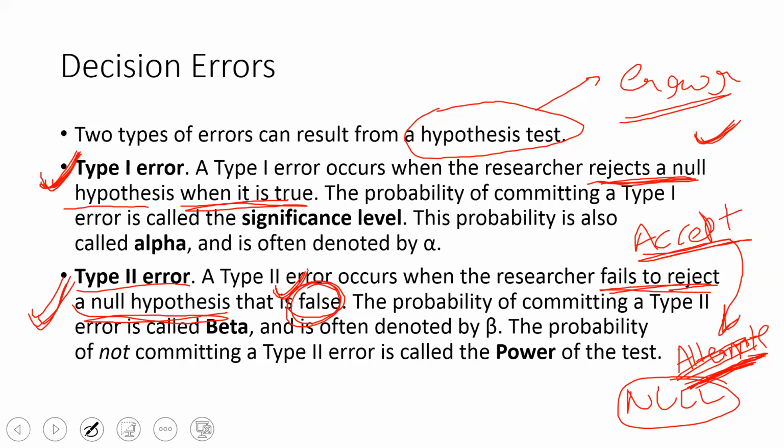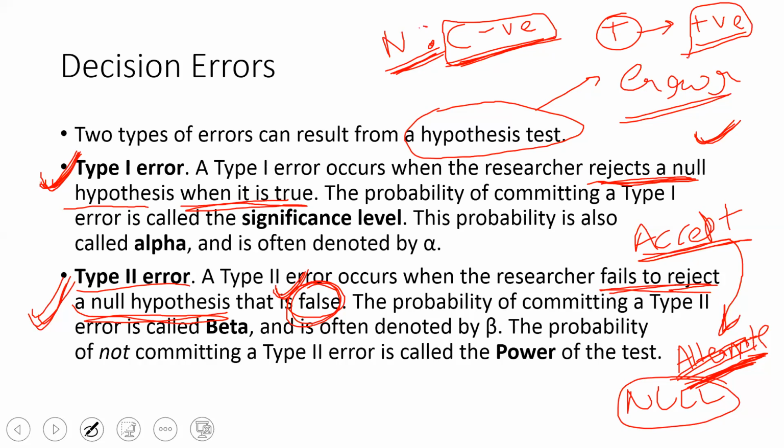If I ask you a question, suppose my null hypothesis is that a person is corona negative. By default I'll say a person is corona negative. Now I did the test, and I found that the person is actually corona positive. So which kind of error is this, type 1 or type 2?